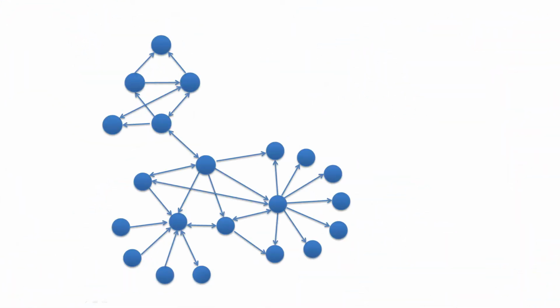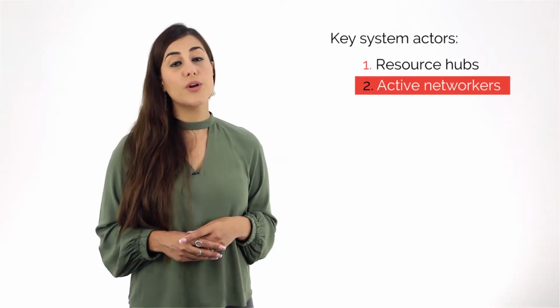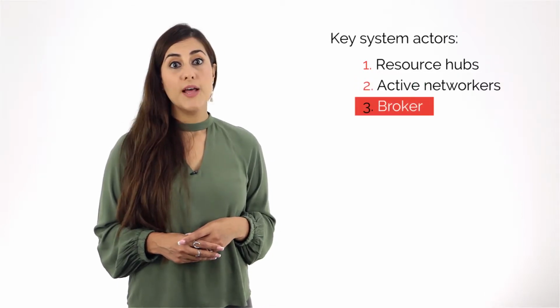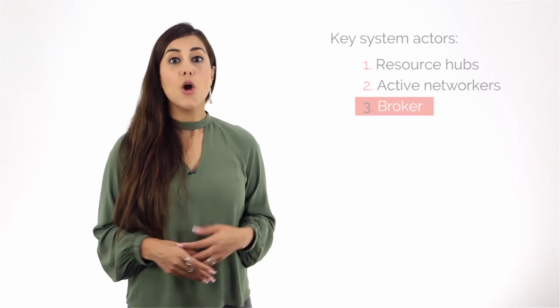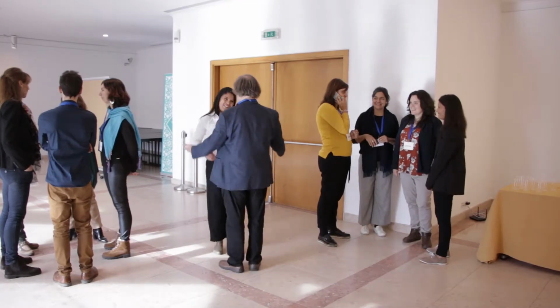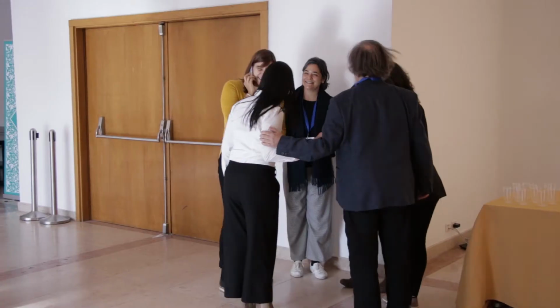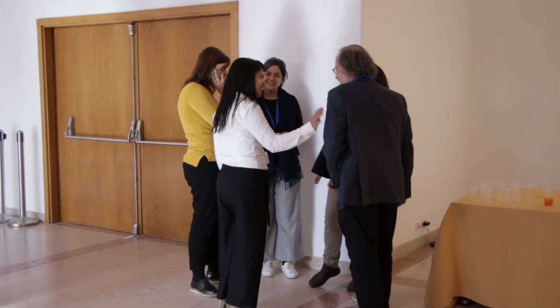But what about this organization? It has some incoming arrows and a few outgoing arrows, but most importantly, it's a bridge connecting these two cliques. This organization is a broker, the third key system actor. Brokers have the potential to be powerful connectors and conveners with the ability to bridge the divide between different cliques and help integrate marginalized actors into the system.